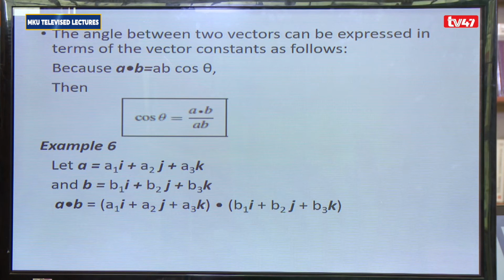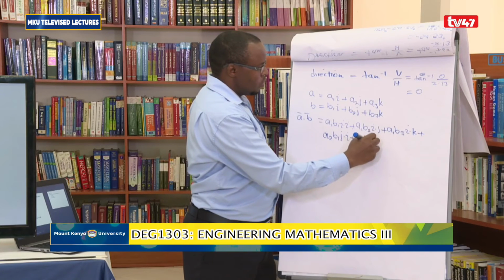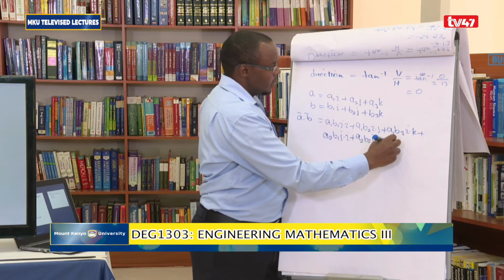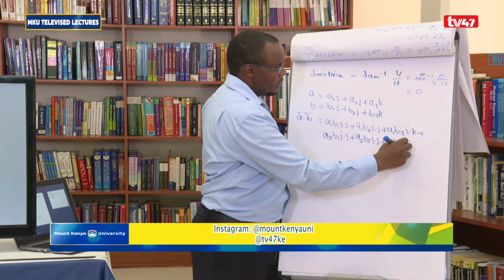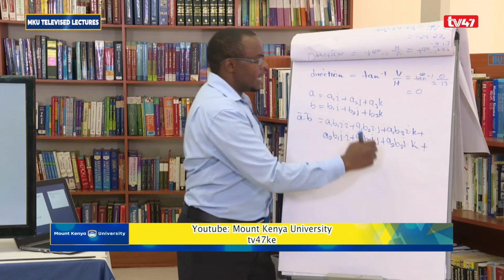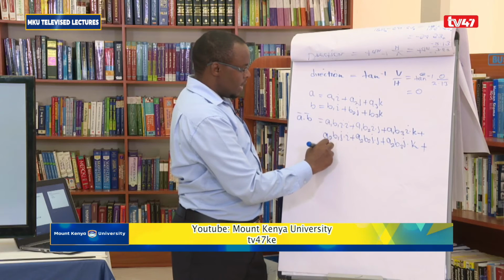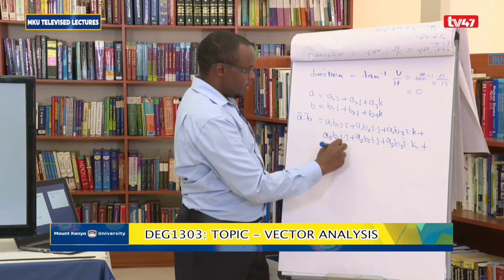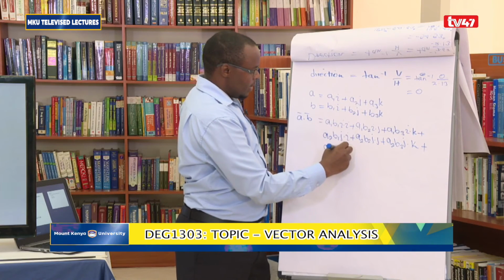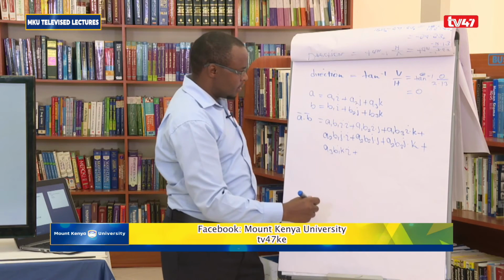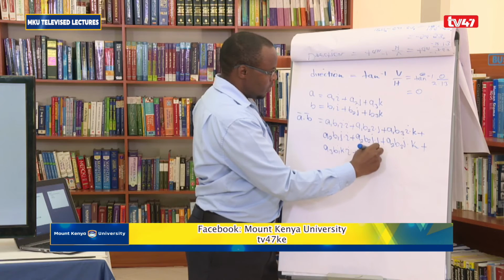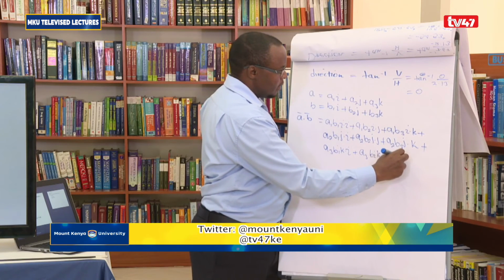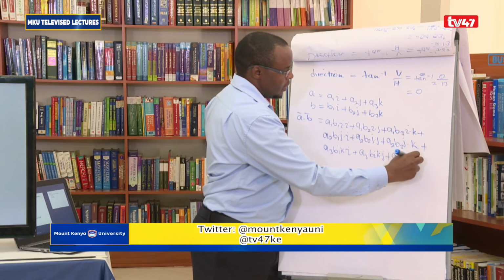So it is i now multiplied by this part, and then plus, we come to the second part: A2 B1 j dot i plus A2 B2 j dot j plus A2 B3 j dot k, plus now the last part multiplied across is going to be A3 B1 k dot i plus A3 B2 k dot j plus A3 B3 k dot k.